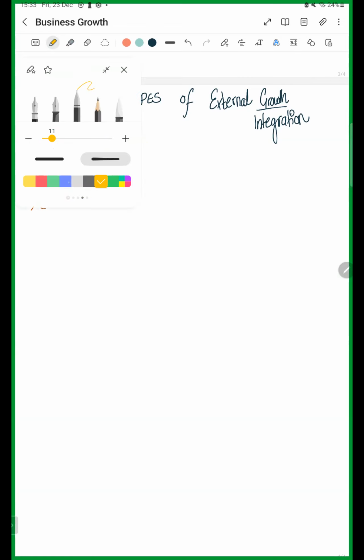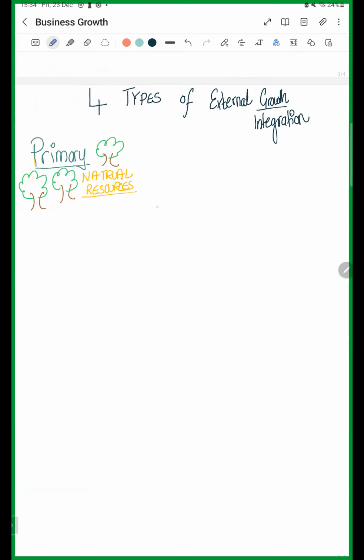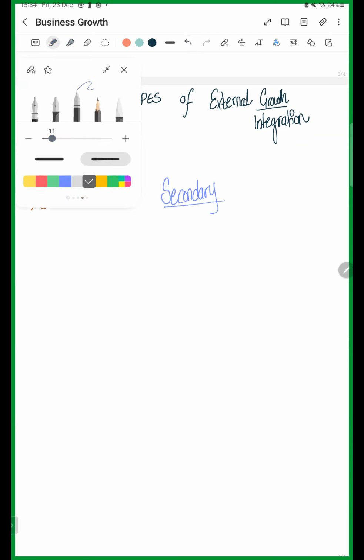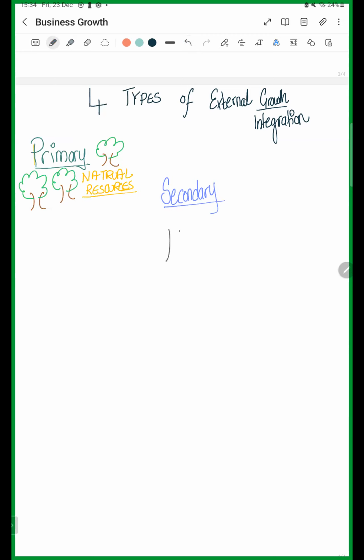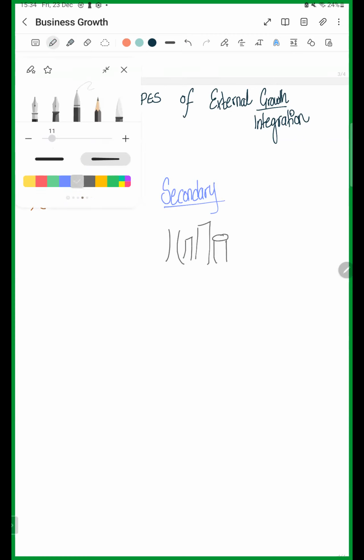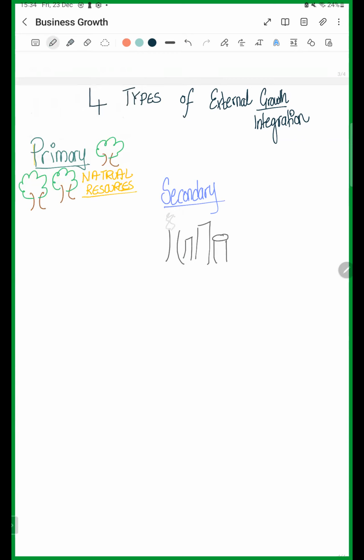Then comes your secondary sector. What happens in the secondary sector? Have any idea? It's the manufacturing stage. Exactly. So it is basically the manufacturing, with all these constructions and production. They are basically the ones that use the resources from the primary sector, and they produce.